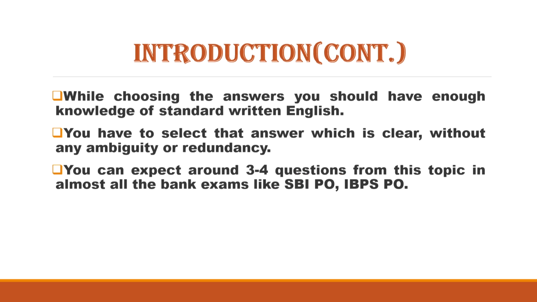While choosing the answers, you should have enough knowledge of standard written English. You have to select that answer which is clear without any ambiguity or redundancy. You can expect around 3 to 4 questions from this topic in almost all the bank exams like SBI PO, IBPS PO and so on.